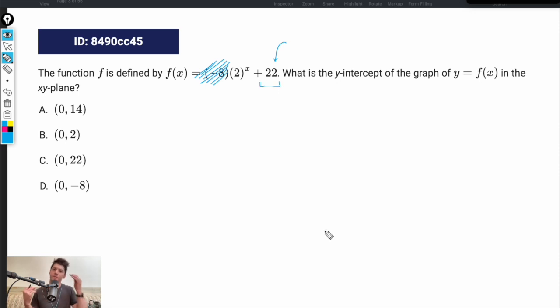Now imagine you have that inflexible knowledge: if I have an exponential equation, 2 to the power of x plus 22, I know that my y-intercept is that final value of 22 plus 1. If that's the framework you're using, then you could fall into a trap very easily on a question like this, right? So flexibility is key, and the time to create flexibility is in practice.